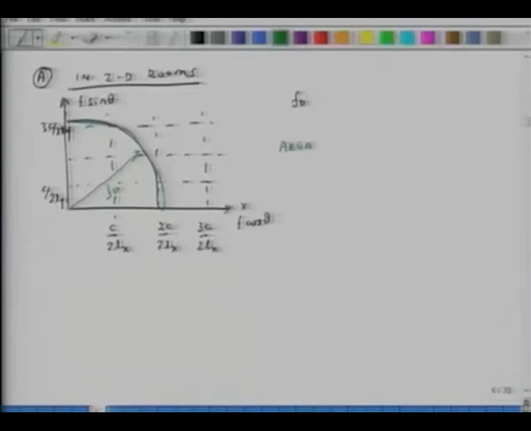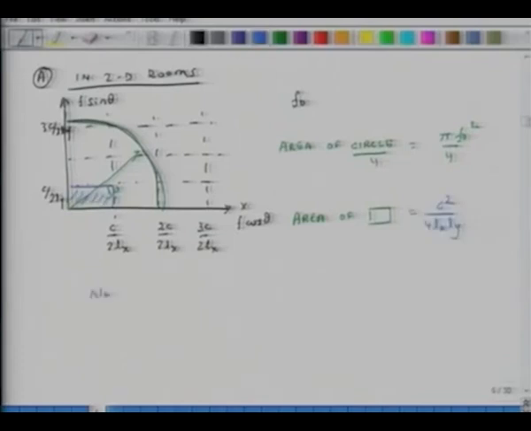The area of the quarter circle is pi F0 square over 4, and the area of one of these rectangles is what?